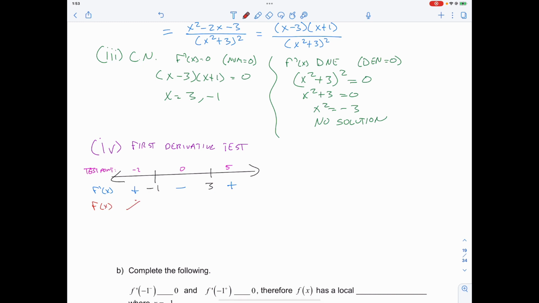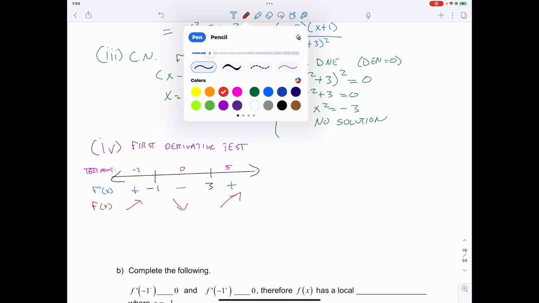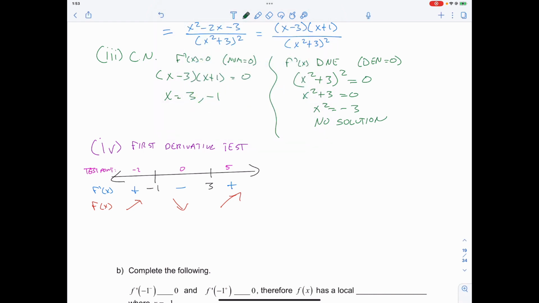It means that it's increasing, then decreasing, then increasing. And as we already know, when it changes from increasing to decreasing, that is a local maximum. When it changes from decreasing to increasing, that is a local minimum.